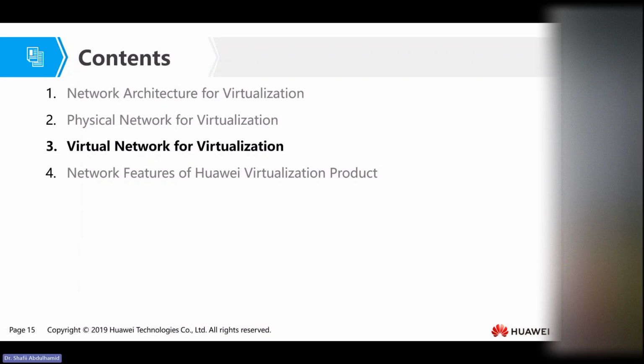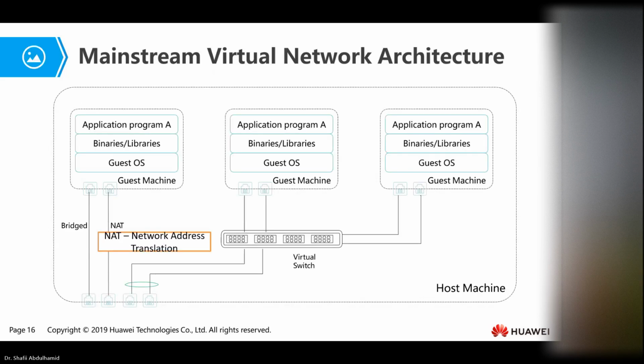So let's go to the next section, virtual network for virtualization. So we have mainstream virtual networks, okay? Now we want to go back to our first idea, basically. The first idea is we're going to have a physical machine, which is also called the host. In the host, we can now create our virtual machines, which are called what? Guest machines. So we have a host machine and a guest machine.